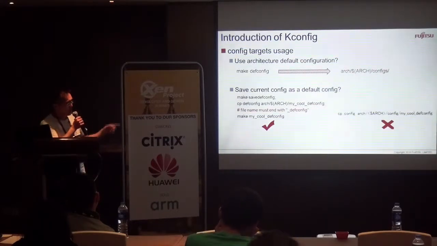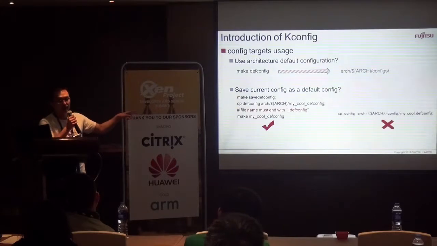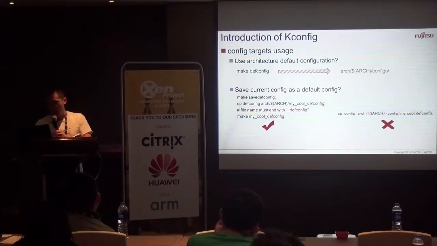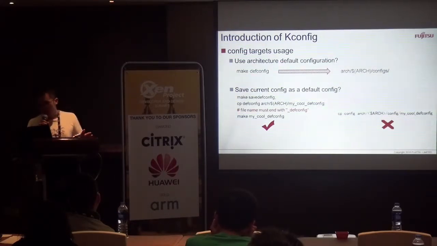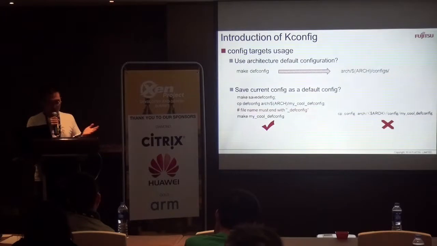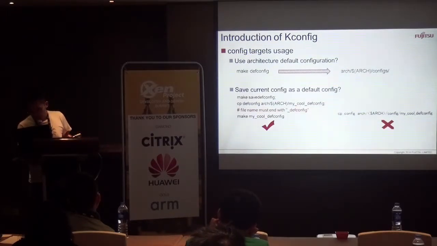Actually, the result of the wrong way is not wrong. It's just not the right way. Why? In fact, no matter the generated defconfig or the default ones under the architecture directory, they just record the differences. What does that mean?